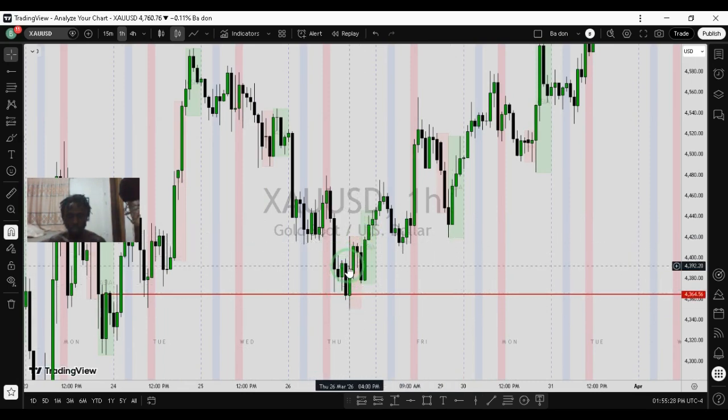So right here we had another injection and a rejection, and as you can see, price failed to give us a valid order block with a fair value gap, and price came back and created a mitigation block, but we are still going to call it an order block for understanding's sake. And as you can see, this green candle displaced this black candle. Now this one did not form like this one.